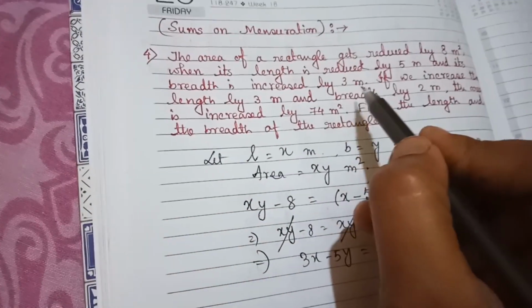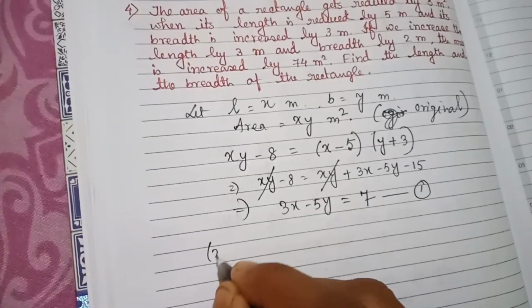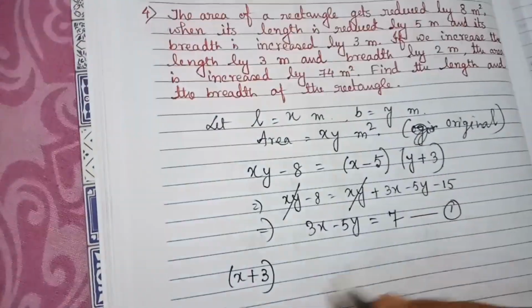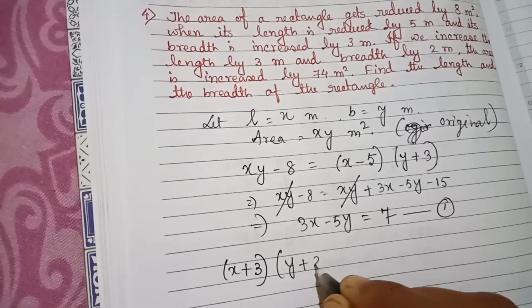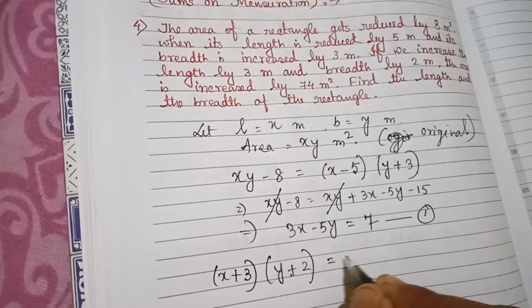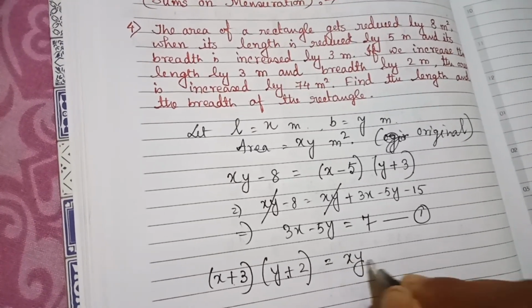Coming to the second condition, if we increase the length by 3 meter, that means x plus 3, and breadth by 2 meter, that means y plus 2, then this new area will be increased by 74 meters, that means xy, the original, plus 74.